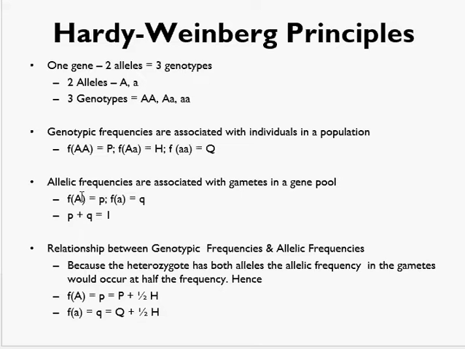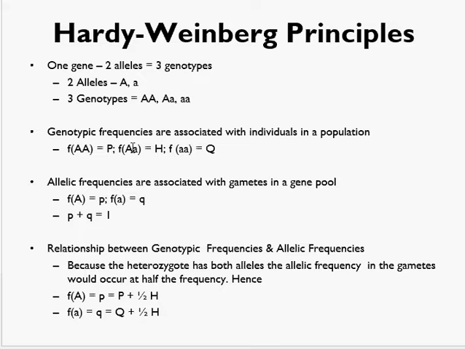So the number of gametes with big A would be all of the big A individuals, because they're going to have all big A sperm and all big A eggs, plus half of the heterozygous individuals, because only half of the sperm and only half of the eggs are going to be big A. The other half are going to be little a.